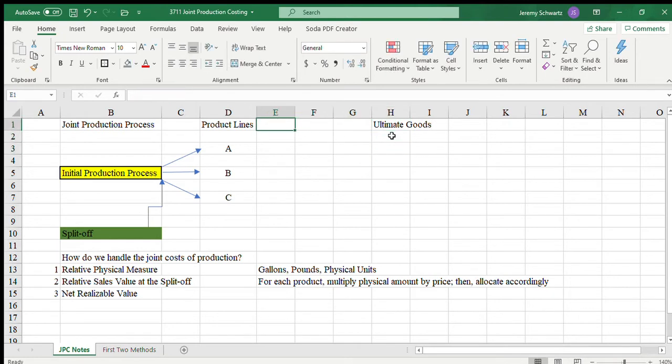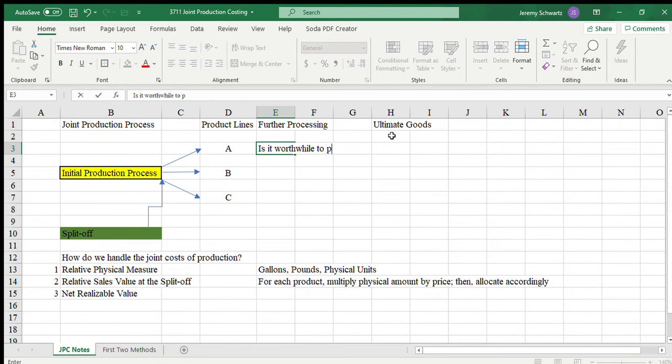So there may be what's known as further processing. Now you might recall this from managerial accounting where you do sell as is or process further. And so what we would do is we would determine, is it worthwhile to process further?